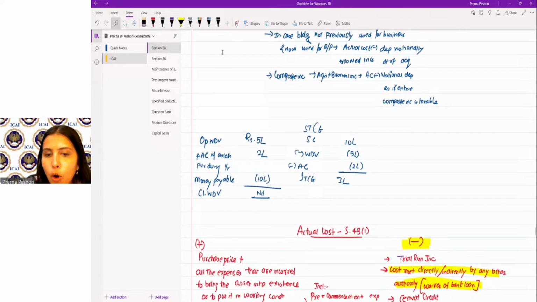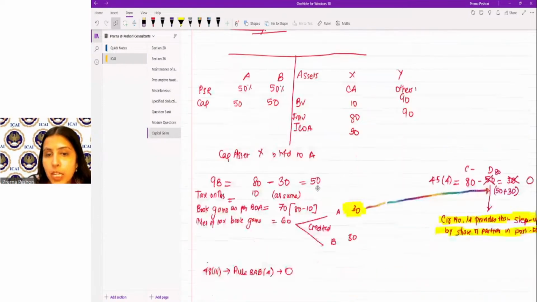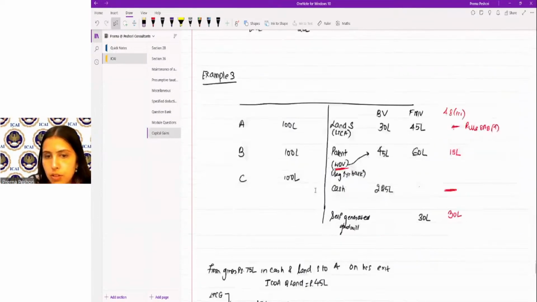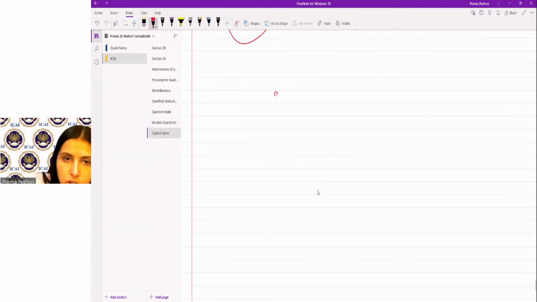So when the block itself is transferred, block is negative, there is no unit left in the block, or when the sale consideration exceeds the amount of the block, there will be taxability under section 50. Remember? So section 50 is for the capital gain on sale of depreciable asset, right?